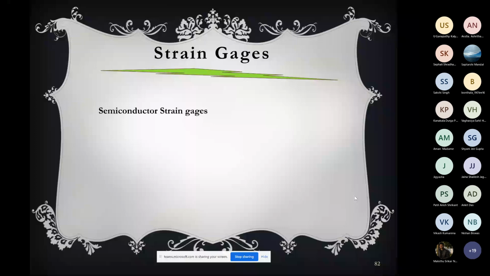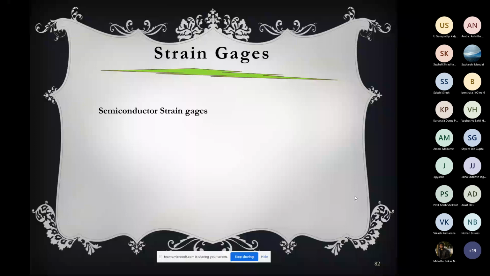Now, what is the advantage of the semiconductor strain gauge? We have the very good metal strain gauge which we apply on a regular basis. Why are we exploring the semiconductor strain gauge? The main advantage is that the gauge factor is very high, around 150. In a metal strain gauge, where there is no change in resistivity, the gauge factor is around 2.